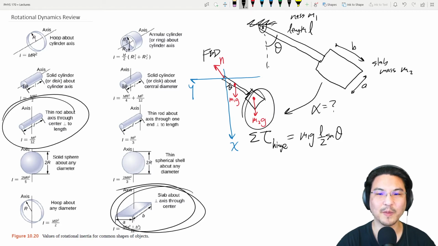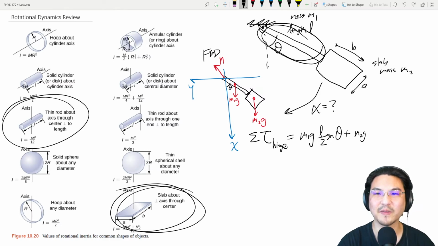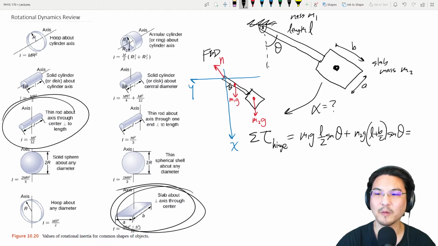And then there's torque from this force, which would go this way, also positive, so positive M2G times this lever arm right here, which is L plus B over 2. This is L here to here. Then the center of mass is in the middle, so here to here is B over 2. So L plus B over 2, but then see how it's opposite the angle? So sine theta. The sum of the torques equals I alpha.